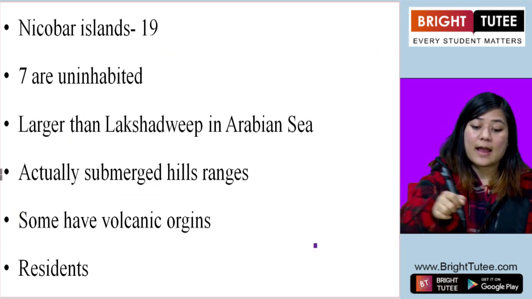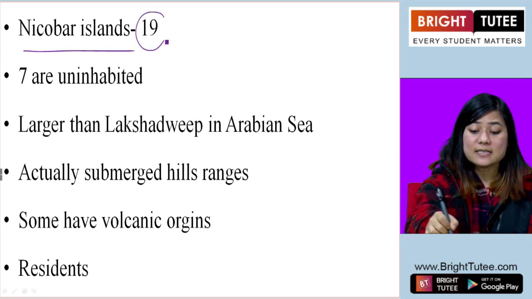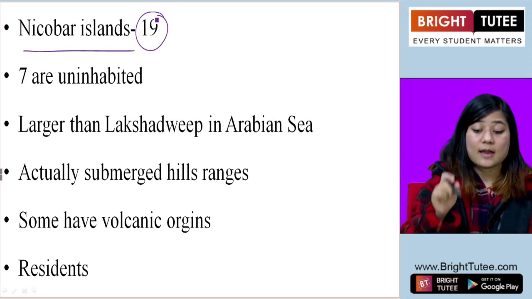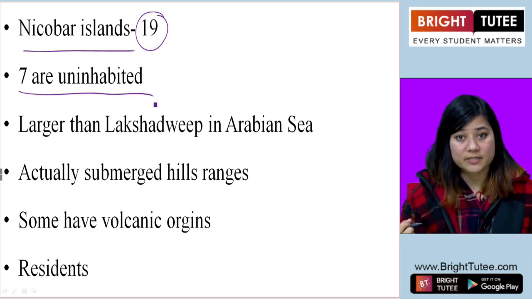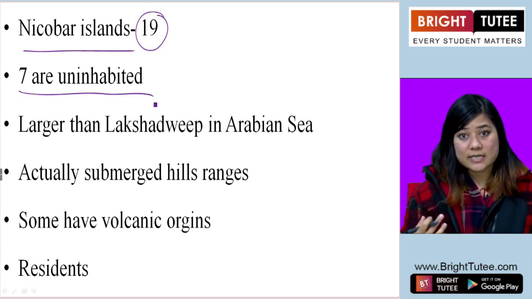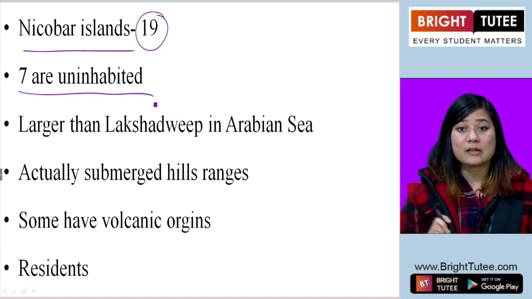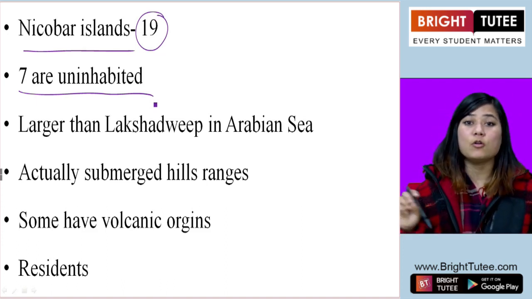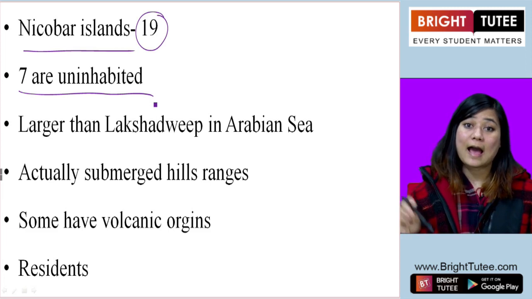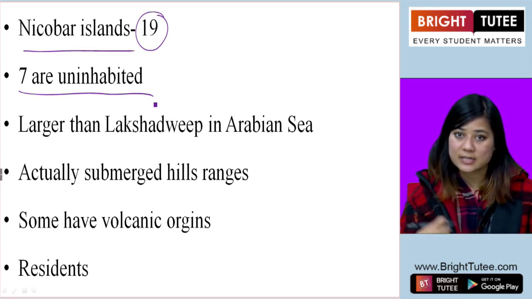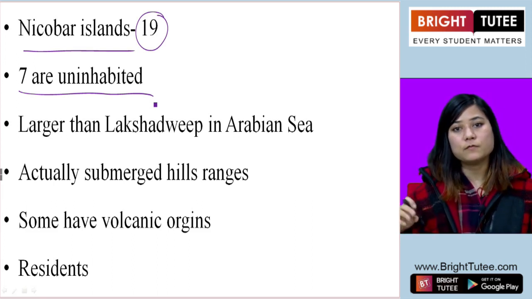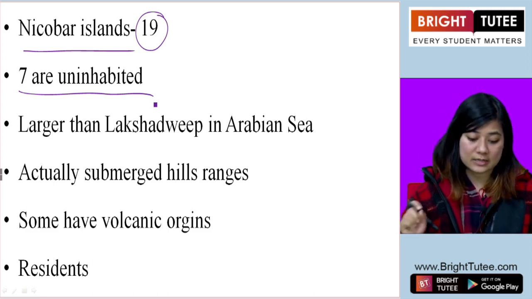The Nicobar Islands have 19 islands, and out of that 19 islands, 7 are uninhabited. So as you can see, just because they are islands and part of India does not mean all of those islands have people living in them. Some of them don't have people living in them. Okay, only few of those islands have people living in them.